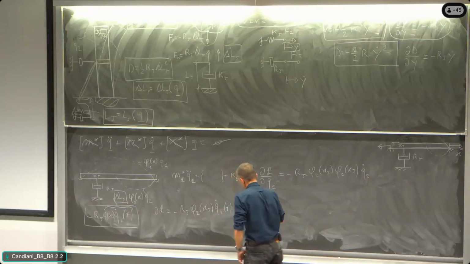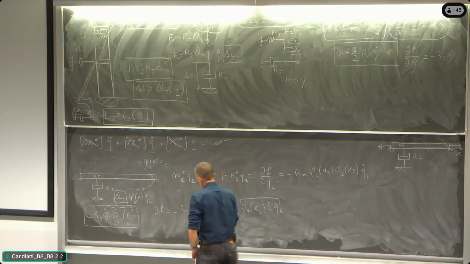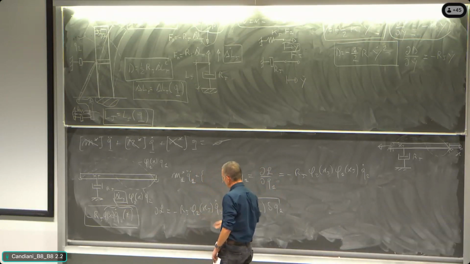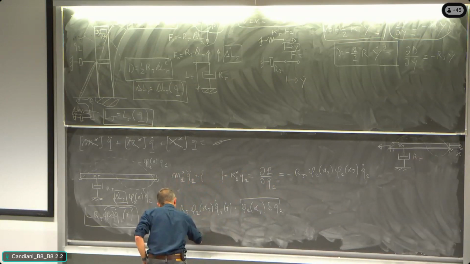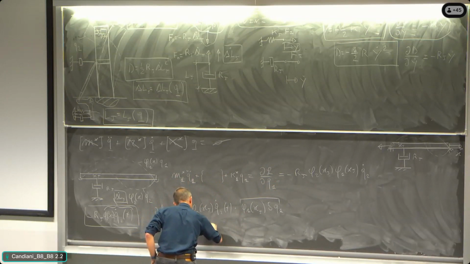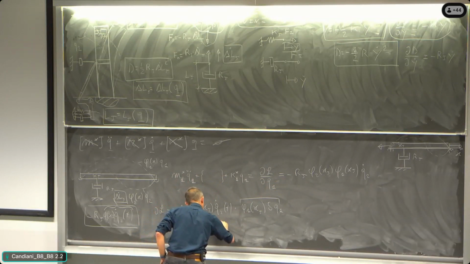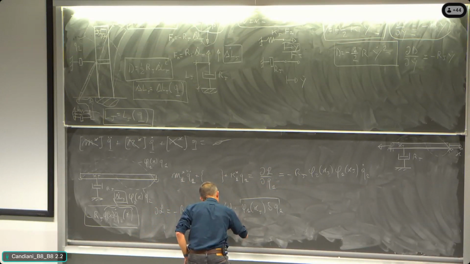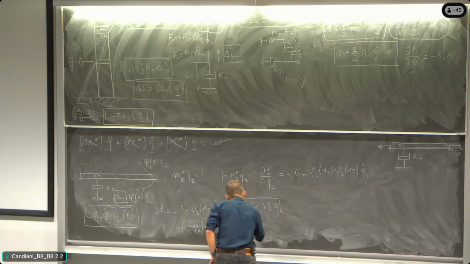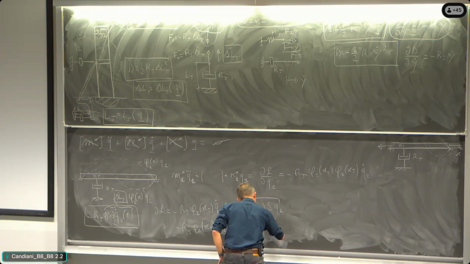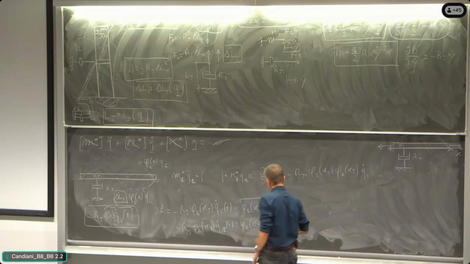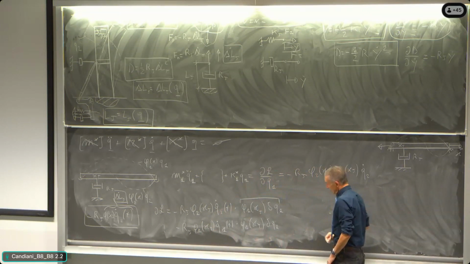And so I can repeat all of that, saying that due to the movement of the first mode, I have minus Rj phi 1 function of xj q dot 1 multiplied now phi 1 xj delta q1, all right? But so what does it mean?